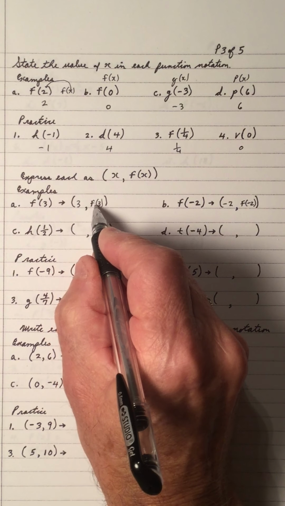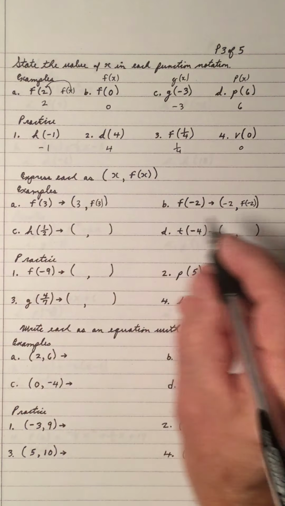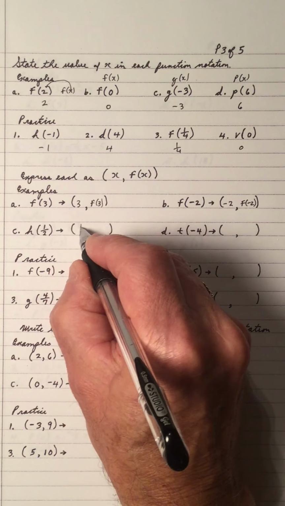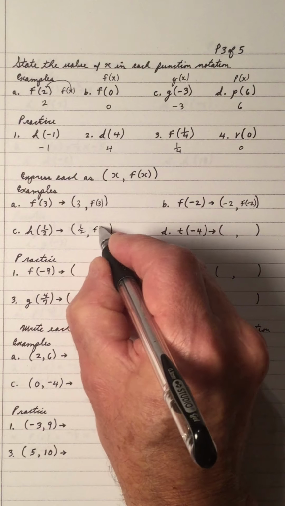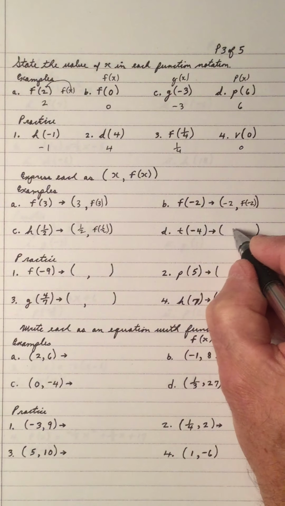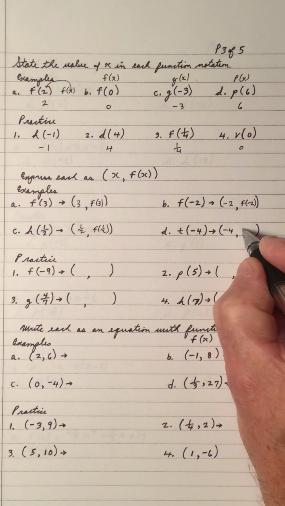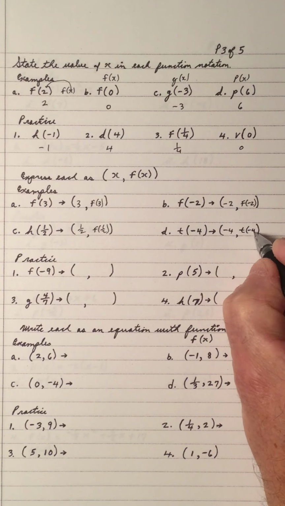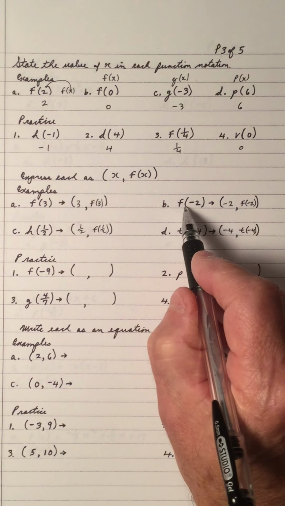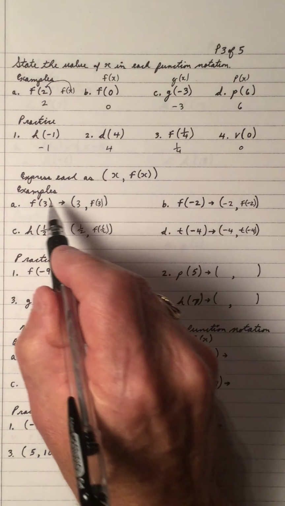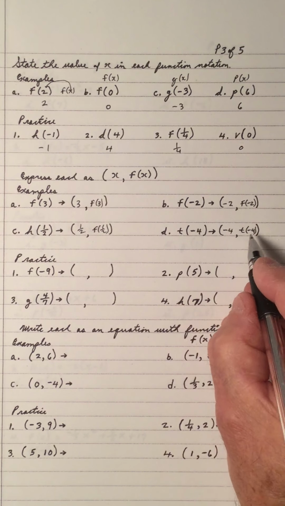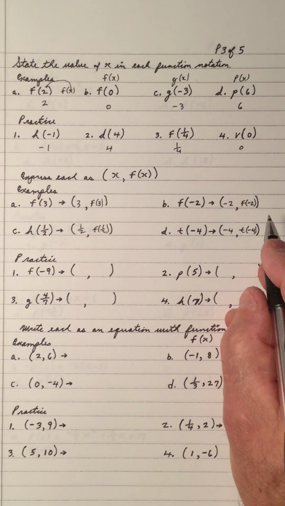So that's x and that's y, so that's your y value. h of a half, x is a half, and that's f of 1/2. t of negative 4, x is negative 4, t of negative 4. So we're stressing that h of a half is the y, f of negative 2 is the y, f of 3 is the y, t of negative 4, that's your y value in your ordered pair.